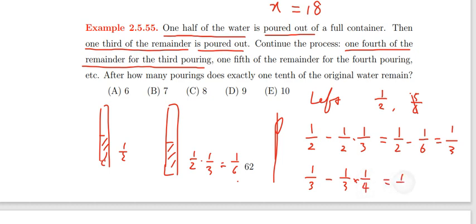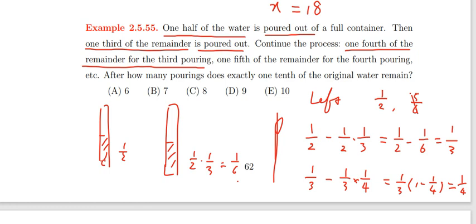We can take 1/3 outside, so this is 1/3 times (1 minus 1/4), which gives 1/4. Okay, so we find the pattern. After the first time, 1/2. Second time, 1/3. Then let's see.